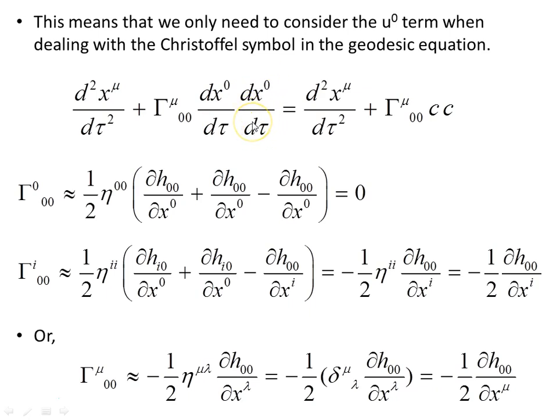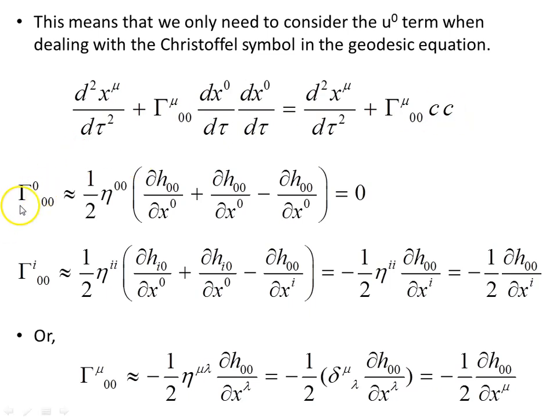All the spatial components were 0, as we saw on the previous page, so only the time component remains. Now from the previous slide we found that dx0 d tau was c, so we've got c times c here, which will give us c squared.